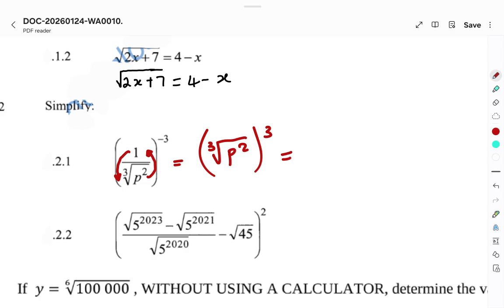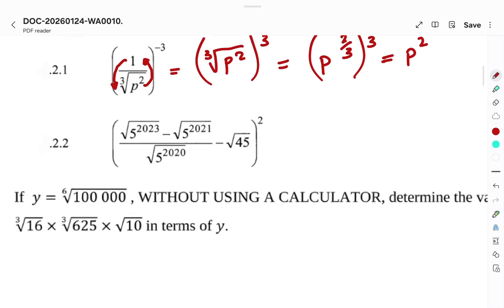Then this is going to be equal to, you see that the 3 and the 3 there will cancel, or you can just perform it the traditional way: if I remove the square root there, it's going to be 2 over 3 raised to the power of 3, and at the end you find your p squared.